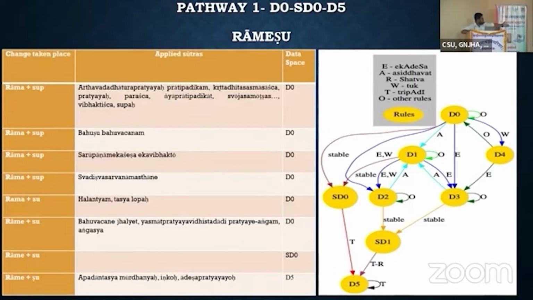When all the sutras from Sapada Saptadhyayi are applied, the input will go to SD0, which is a stable state, and from that it will go through Tripadi, where it will encounter the sutras of Apadantasya Murdhanyah, Inkoho, and Adesha Pratyayayoh, which will prescribe the augmentation of Shatva, and therefore we get the output Rameshu. So this is the first pathway.